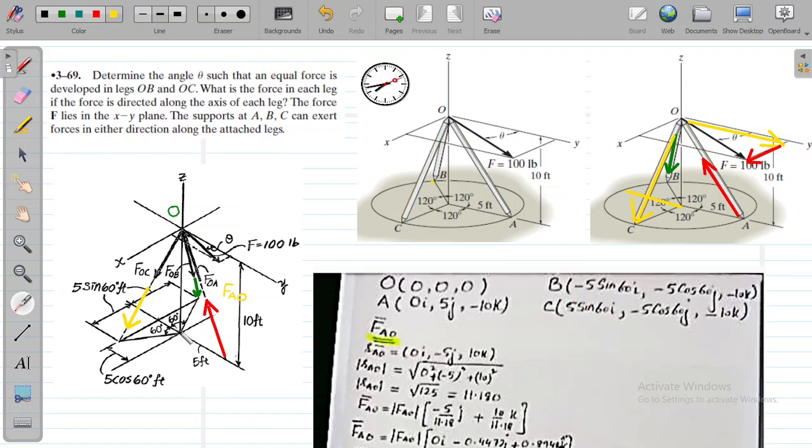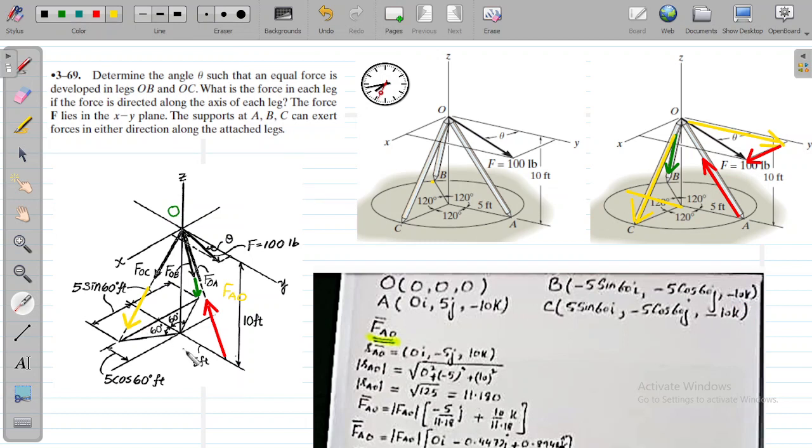What about the y component? This is the origin, this is positive y, and we are going on the back side of y. So it will be 5 cos 60, but we are going in negative y, so we put a minus sign: minus 5 cos 60 j. And from the origin we go down, so we say minus 10k.